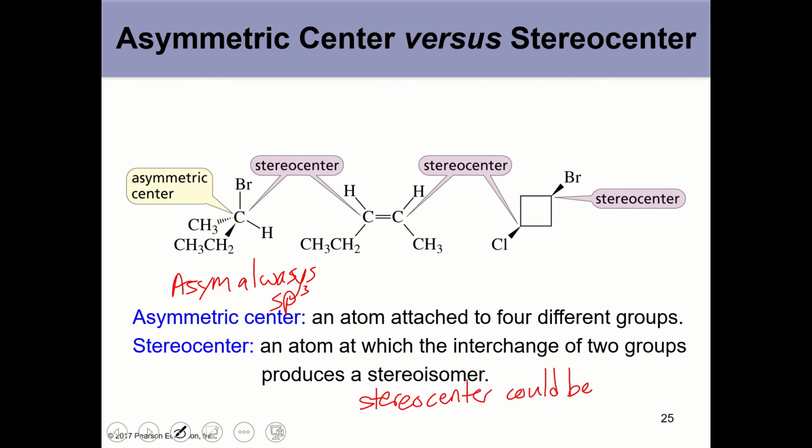Not all sp3 and sp2 carbons are asymmetric or stereocenters, but that is one characteristic that it must have to be an asymmetric center.